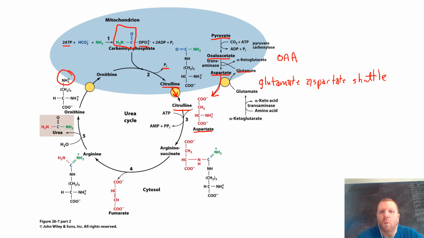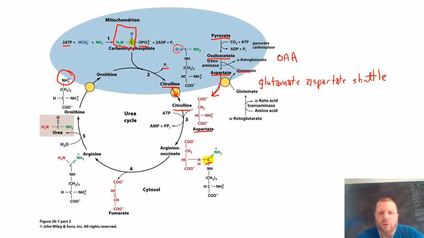Now, this aspartate is going to replace our carbonyl oxygen. The carbon that originated from our carbamoyl phosphate, which is written in blue, I'm going to highlight just for the sake of visualizing it.